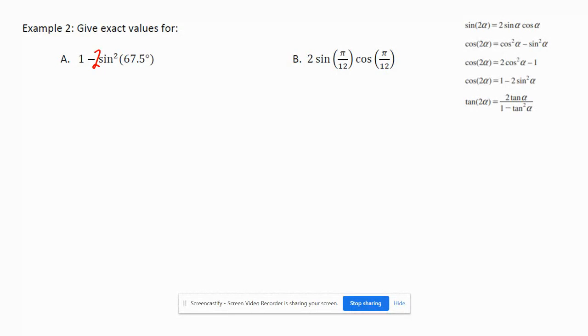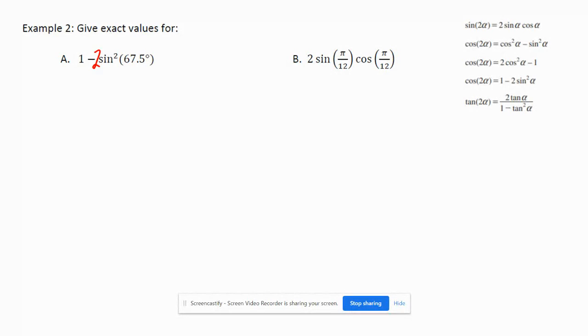Okay, so what we're doing over here is, like I said earlier in this unit, guys, anything on your formula sheet you are allowed to use for free. That means you don't need to prove the ones on your formula sheet. So in this case, we want to give exact values for 1 minus 2 sine squared 67.5.